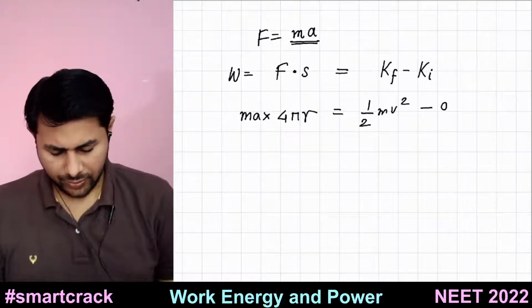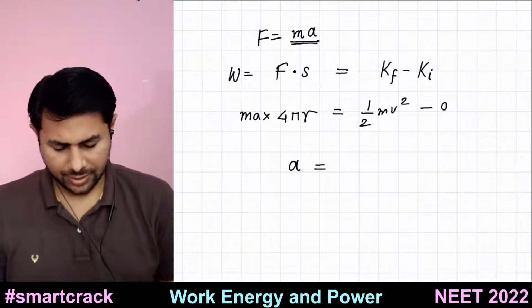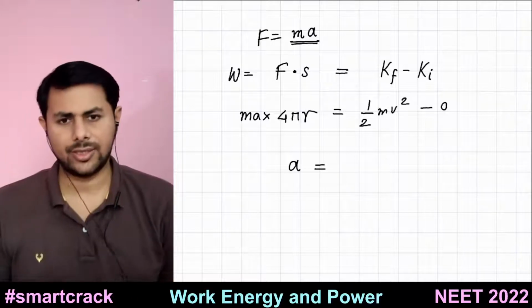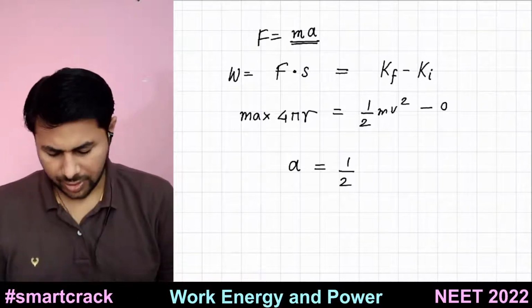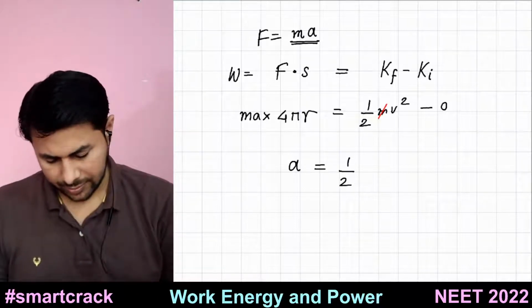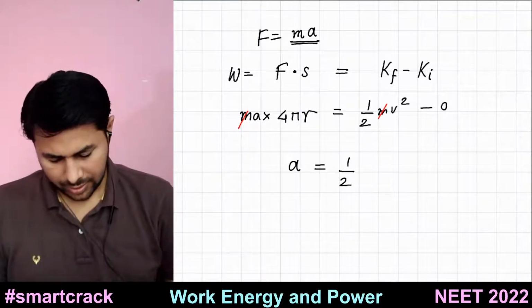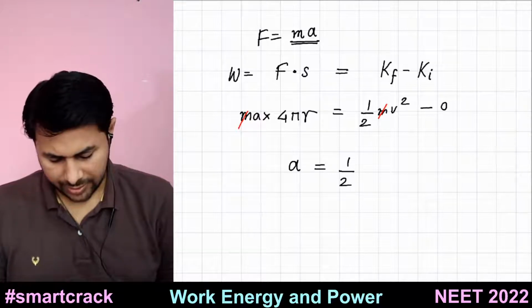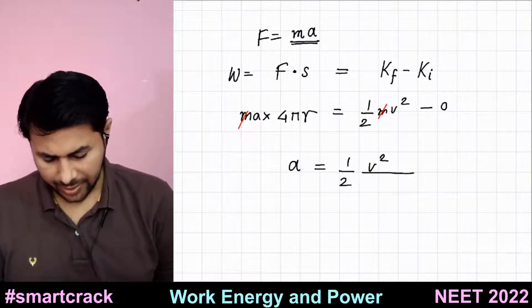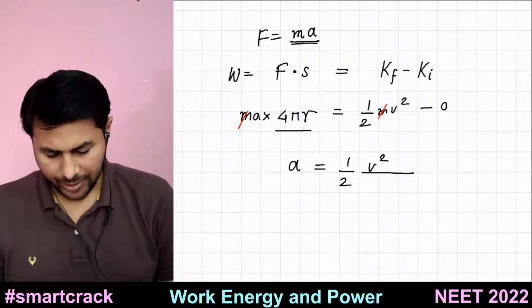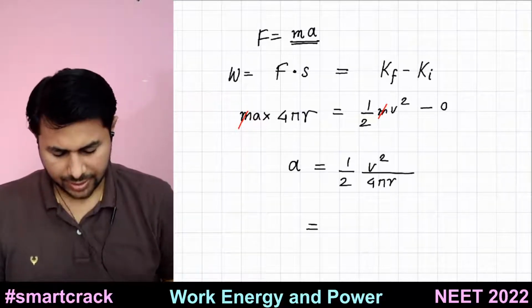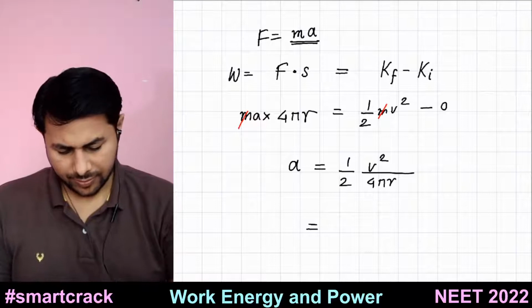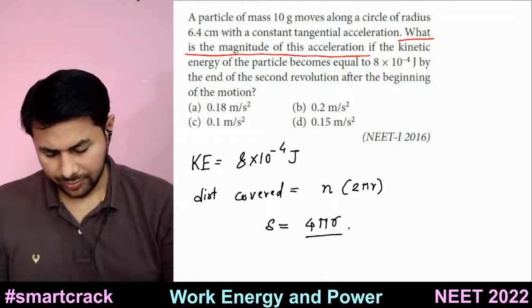Okay, so now you want to find out acceleration. So you can take other things on the other side. So what do you get? Half of, okay, m gets cancelled. Half of v square divided by 4 pi r. Right. Now we can substitute the values. What are the values?